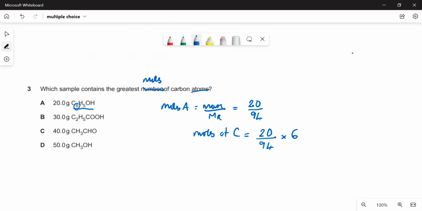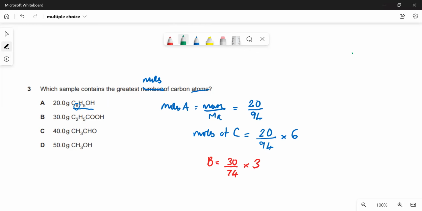So that's for A. Let's do it for B. For B, we would do the mass, which is 30 grams, over the MR of C2H5COOH. The MR of B is 60 plus 14, that is 74, propanoic acid, multiplied by 3.